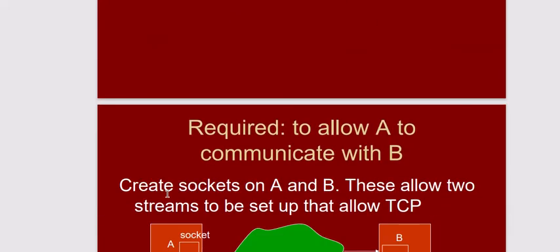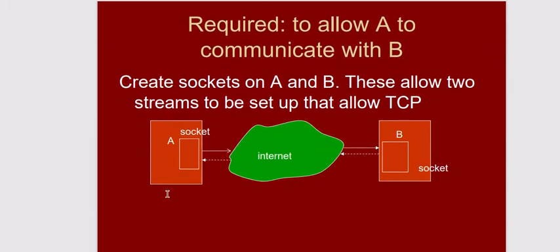That seems easy enough. So it's required to allow A to communicate with B. And here I'm showing you the two sockets. There's a socket, there's a socket. The application on B has created a socket. The application running on A has created a socket. And to create a socket is extremely easy in Java.